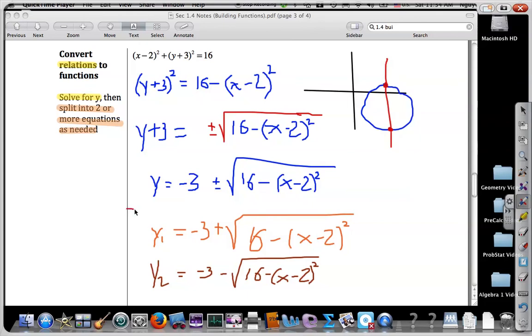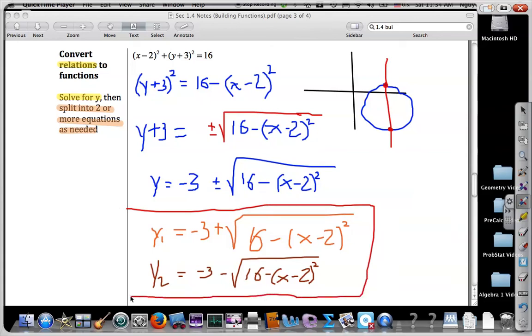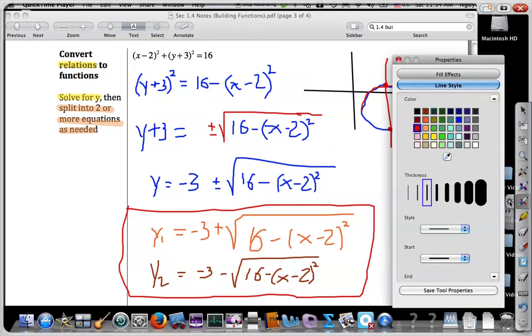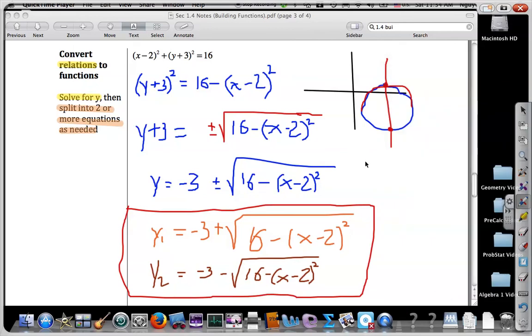To explain conceptually why this is the case, in the first equation, y1, it's drawing the top half of the curve, and then y2 draws the bottom half of the curve. So the two functions together give you a complete picture, but each one of these is still a function.